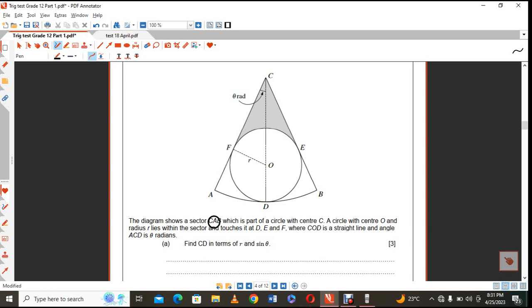The diagram shows a sector CAB. So CAB, the whole thing, is a sector, which is part of a circle.